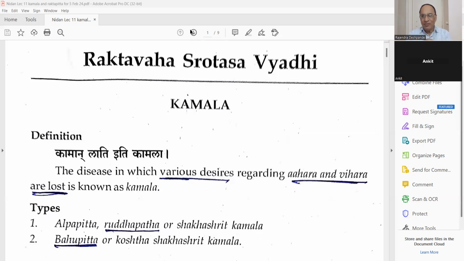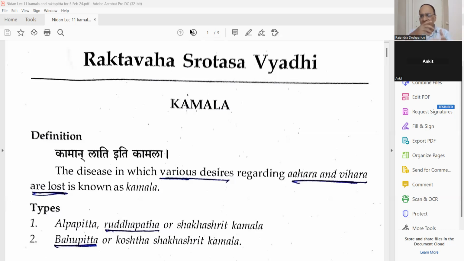This is a type of revision. Sravanat Srotansi. In the Srotas, there are 4 important functions that take place: Utpatti, Parinamana, Vahana and Utsarjana. Utpatti means the generation of that particular bhava padartha, metabolic process.